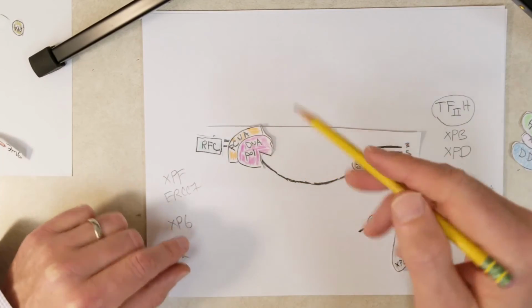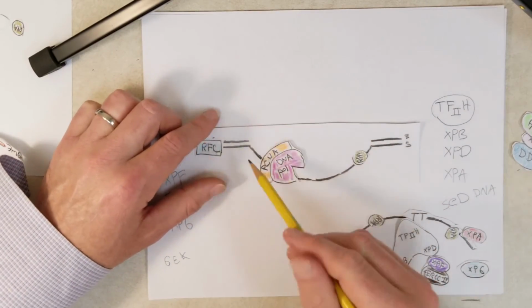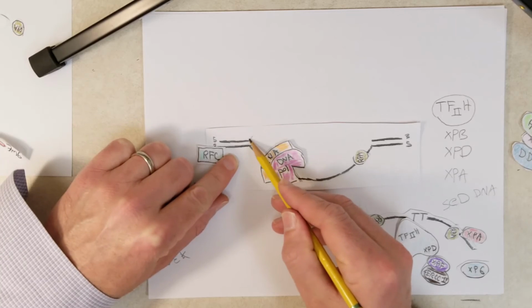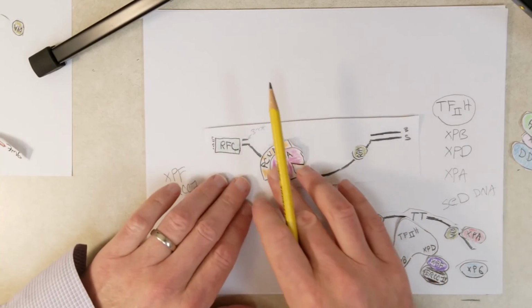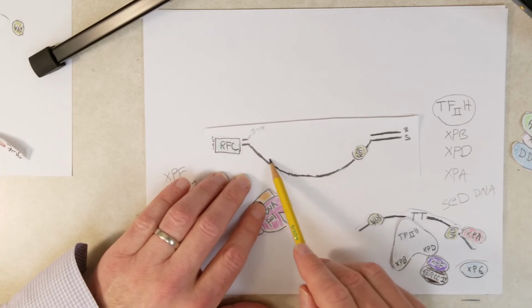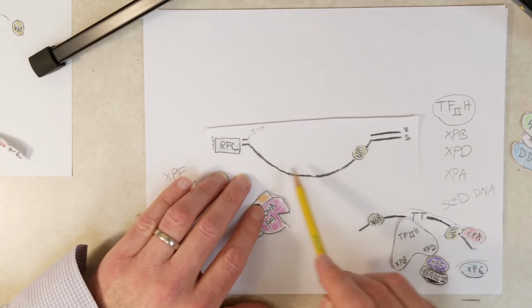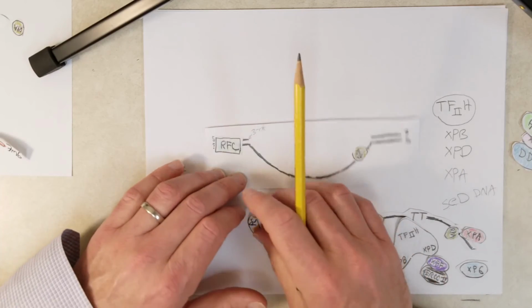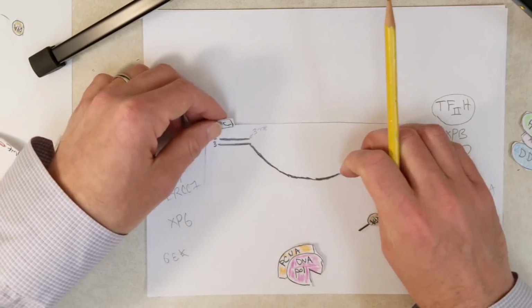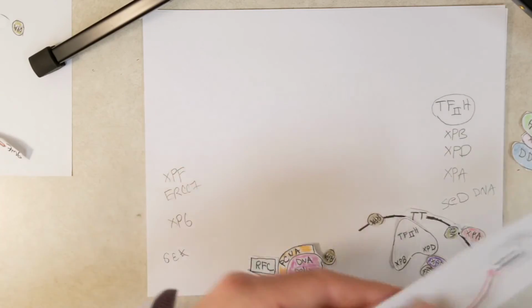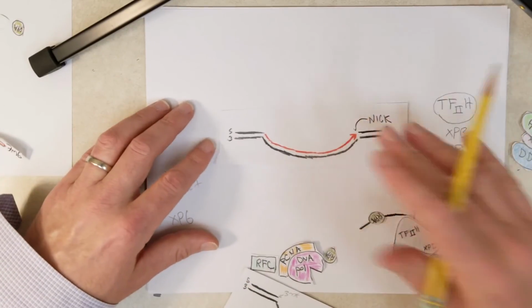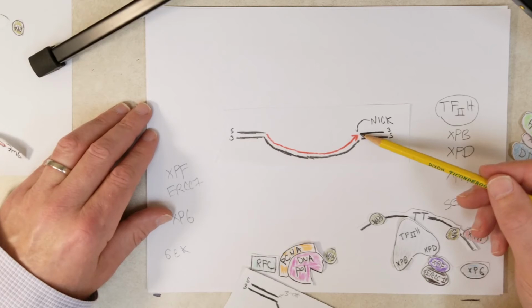And what these can do is use the 3' OH right here to synthesize DNA, using this strand right here, the good strand that wasn't damaged, as the template. So it's going to synthesize all the way up here, and what it's going to leave is one nick.